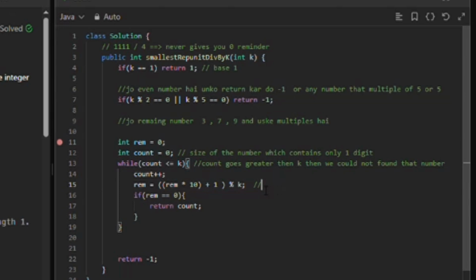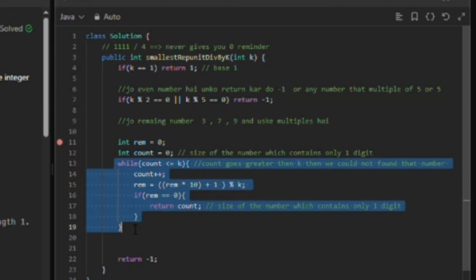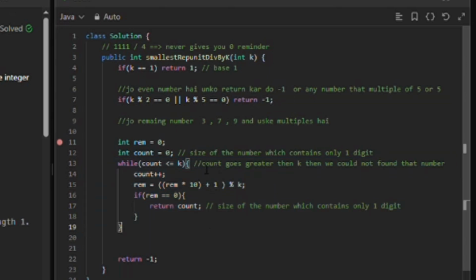So what we can do is store the remainder of the number which we get. We store the remainder, and we check that if the remainder comes 0, then we return count, that is the size of the number which contains only the digit 1. But how many times does this while loop run? Until the count goes greater than k.